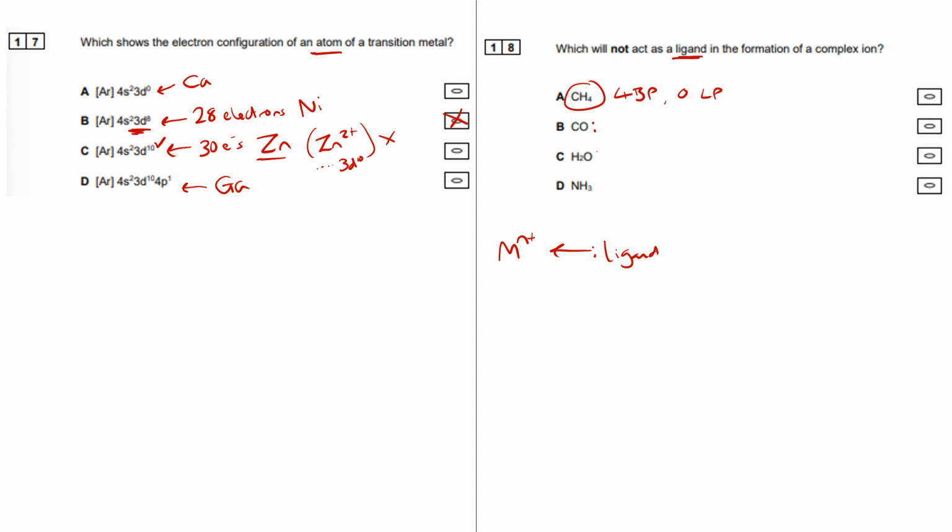B, C and D all have a lone pair and therefore can act as ligands in this case. So they'll be forming ligands by donating their lone pair to the transition metal complex. So again, A is the only one that is not a ligand in this case.